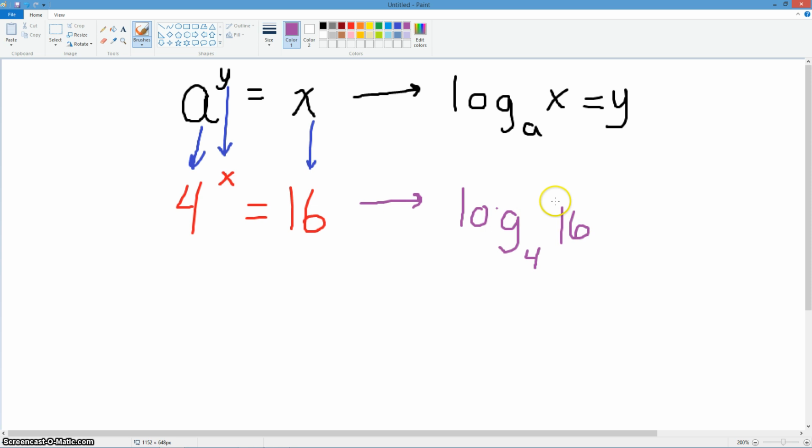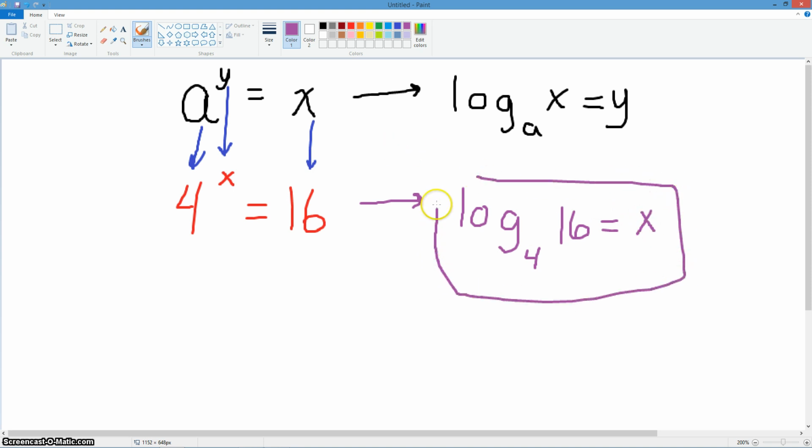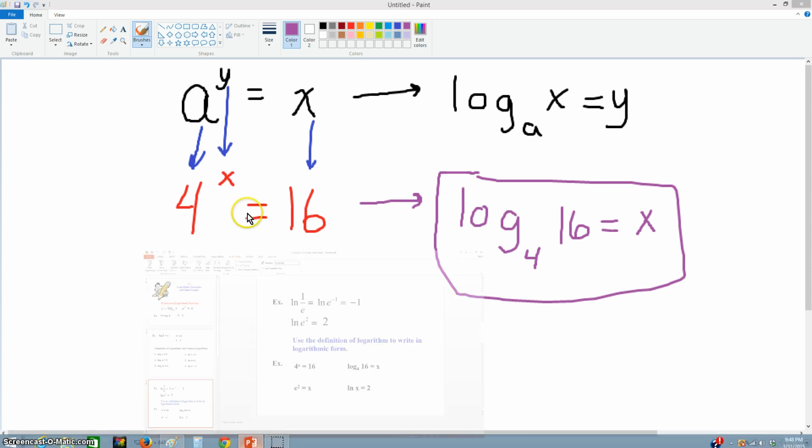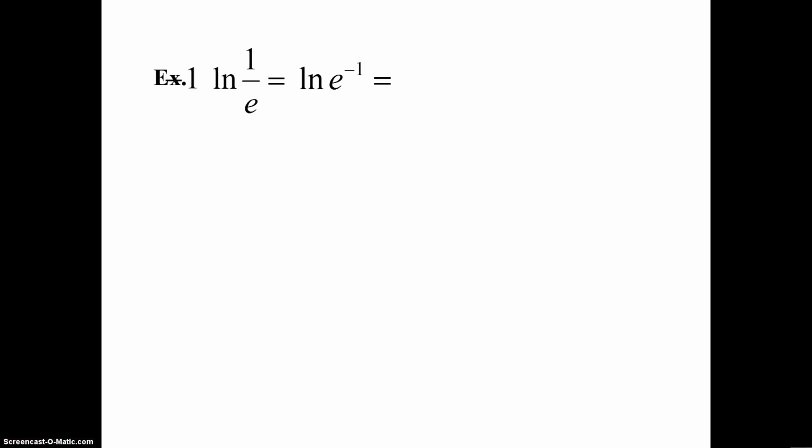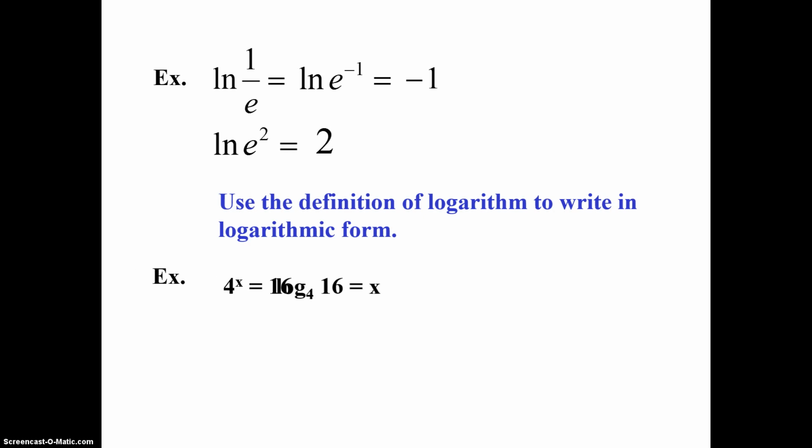So we have log of 16 base 4 equals y. Let's see what y represents. It represents x. So if I'm rewriting in logarithmic form, it's log of 16 base 4 equals x, which, as you can see, is the correct solution.